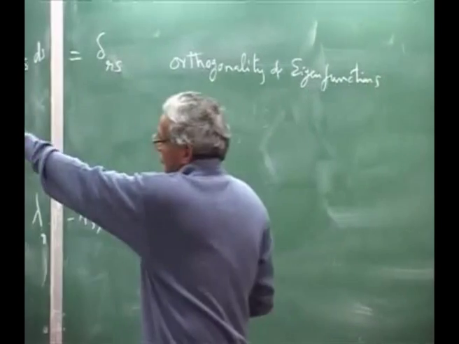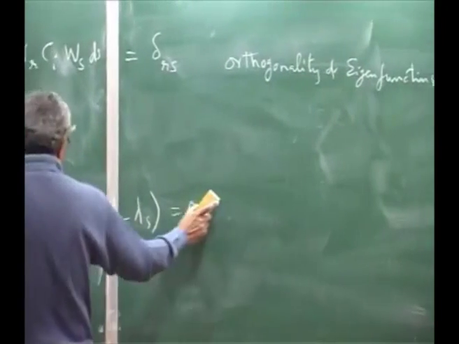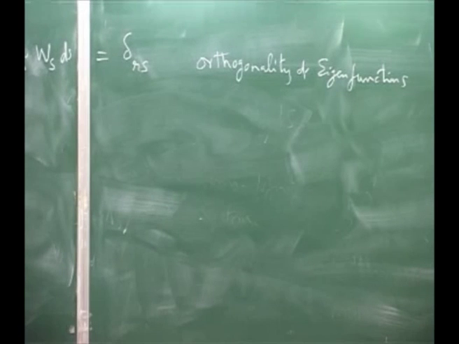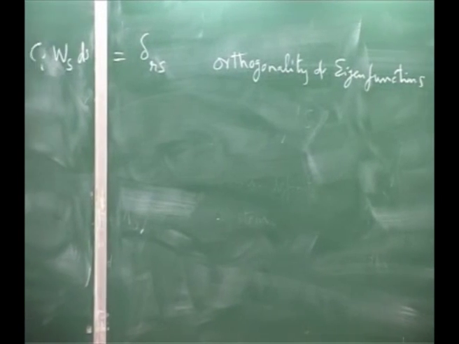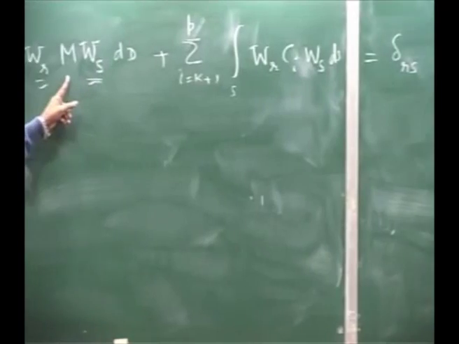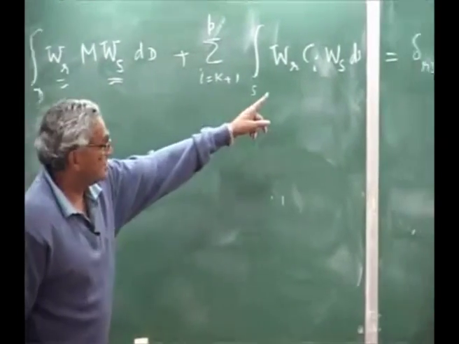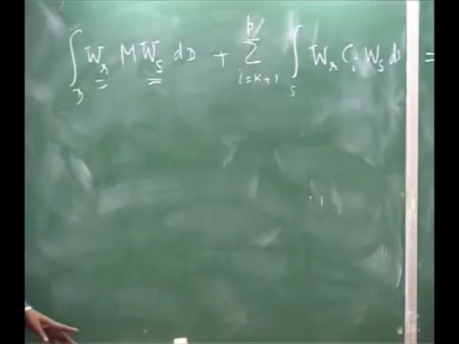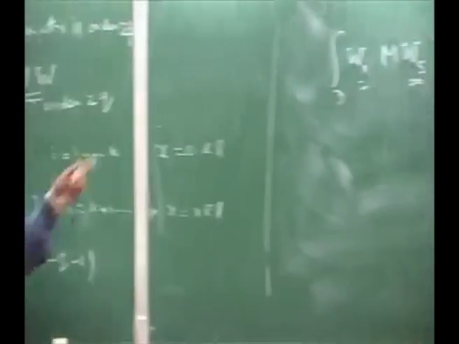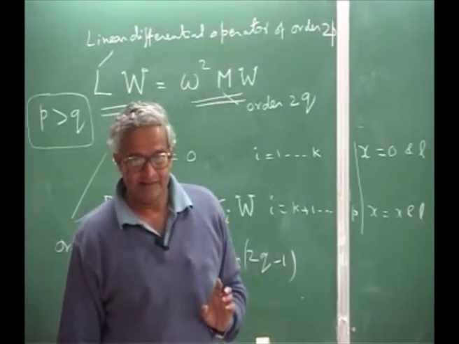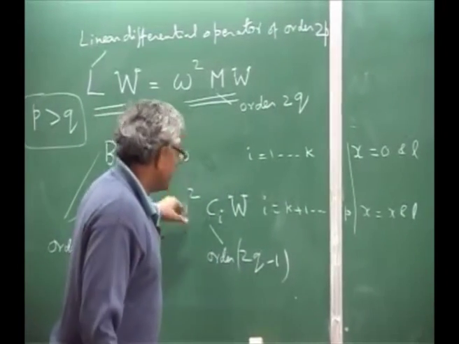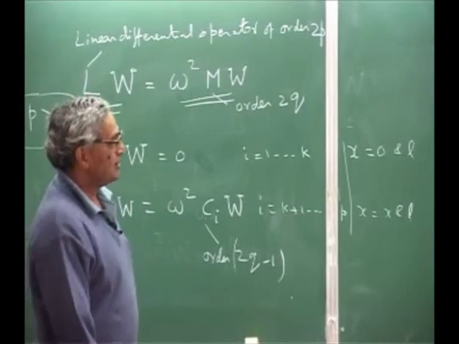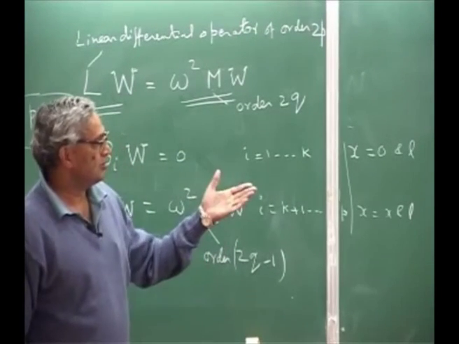Now we have defined it over M. But please understand your M is sitting here, okay, and your C I is there. That's why this is only for those boundary conditions which have omega square sitting there. If all of them are 0, omega square is not there, and you will not get that term.